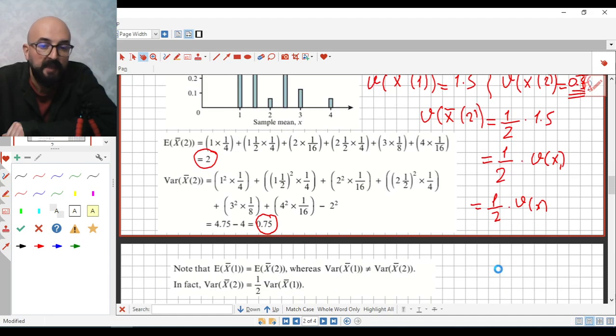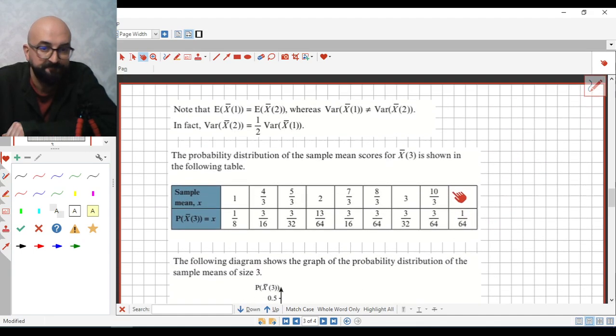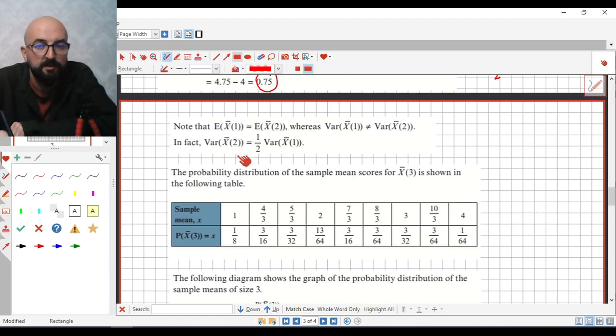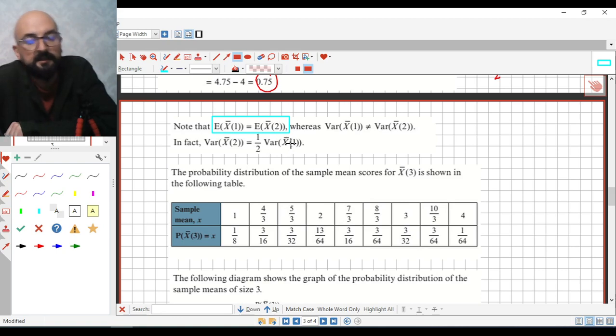Okay, please notice that our expectation is the same whether it is the sample mean of size 1 or the sample mean of size 2, but their variances are not equal to each other.